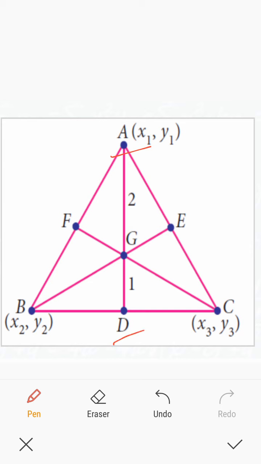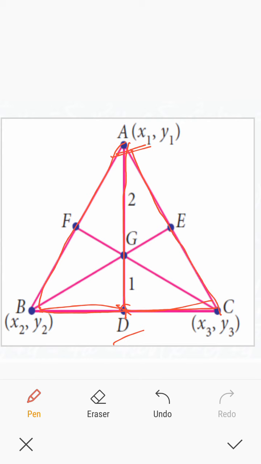In this case, triangle ABC is given here. In triangle ABC, A is a vertex and the opposite side of angle A is BC. Midpoint of BC is D. So the median is the line segment drawn from A to D. And B is the second vertex and its opposite side is AC.